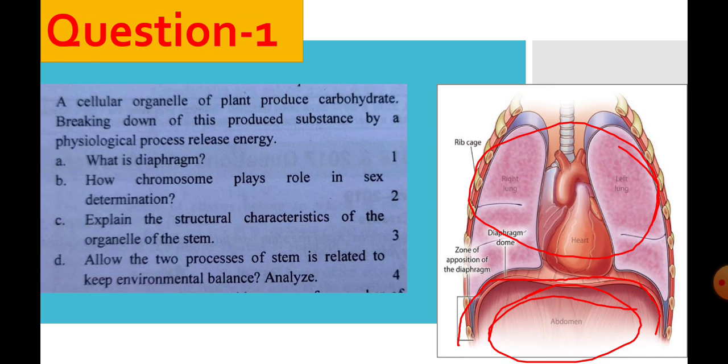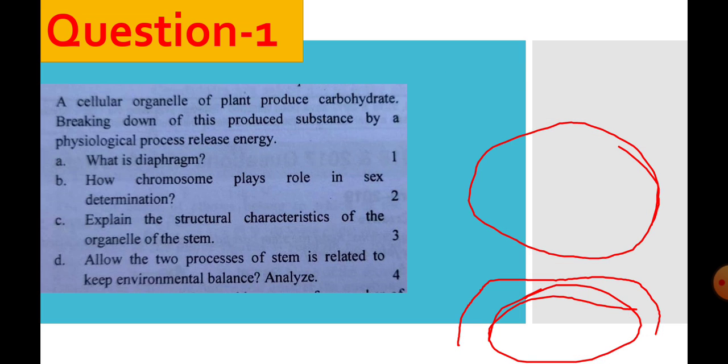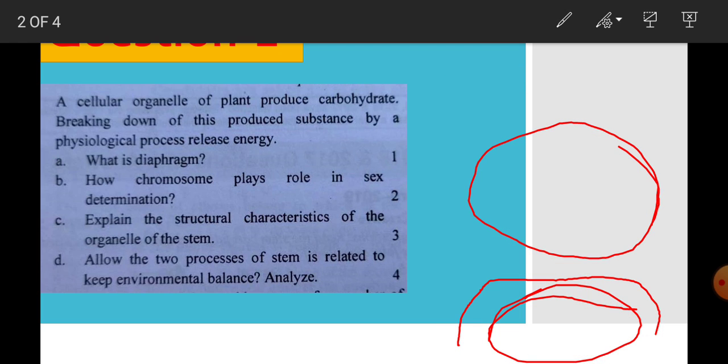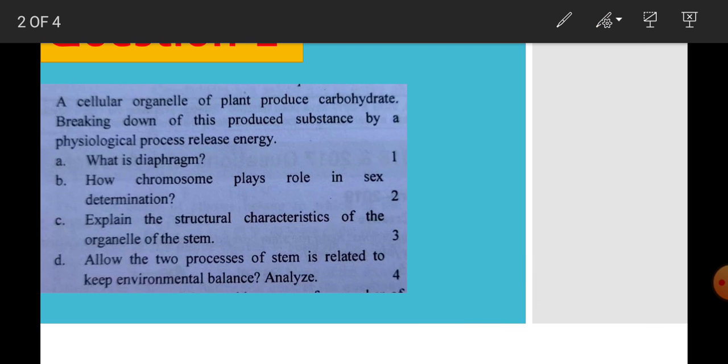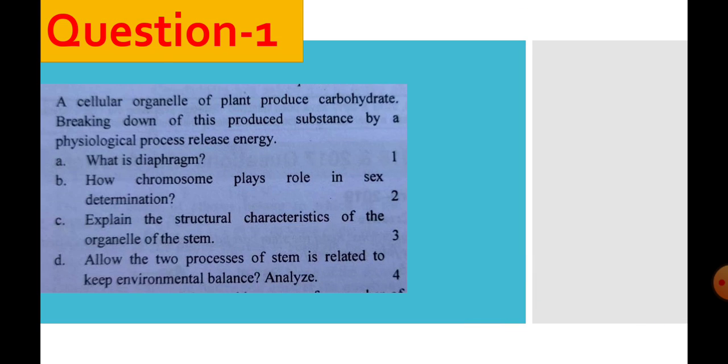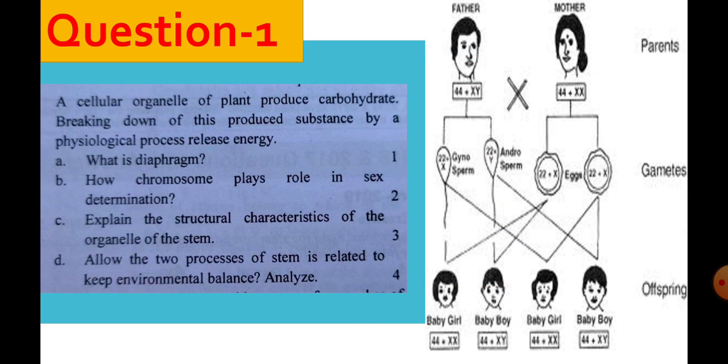And in B: how do chromosomes play a role in sex determination? You might know that we humans have 23 pairs of chromosomes. That is, we have 46 chromosomes, in which 44 are the same in boys and girls, but 2 chromosomes are different in boys and girls.